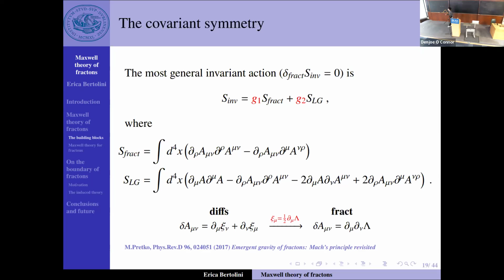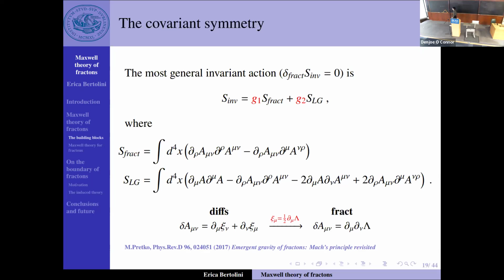So what's the meaning of these two parameters? Still to understand that. Also, one can decide to write them however one wants, but I decided to organize these functions this way because one of the two terms is immediately recognizable as the linearized gravity term, which is this one.